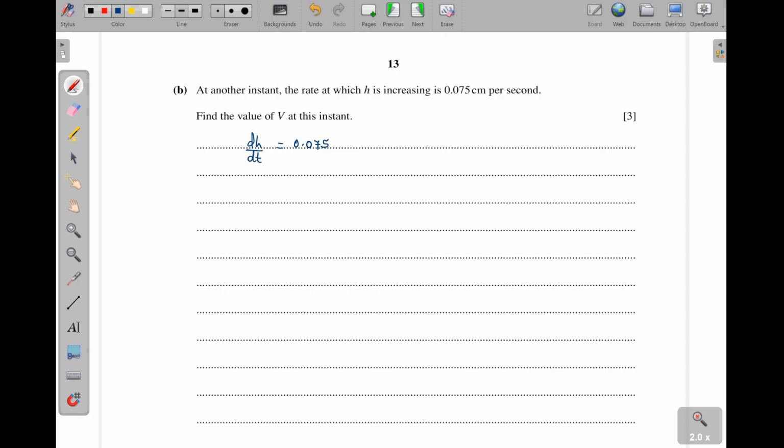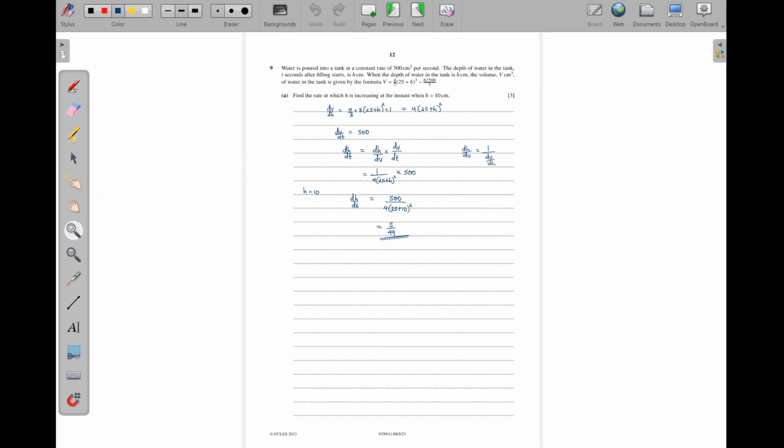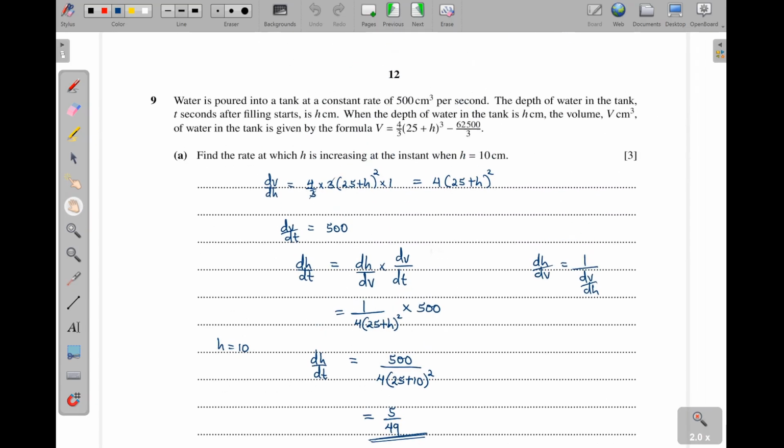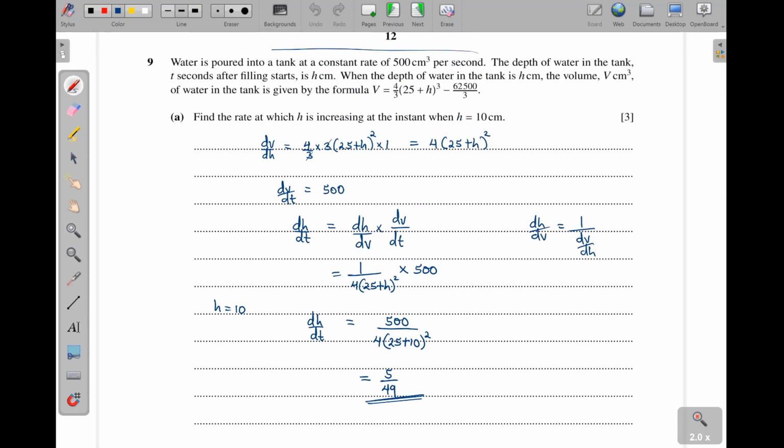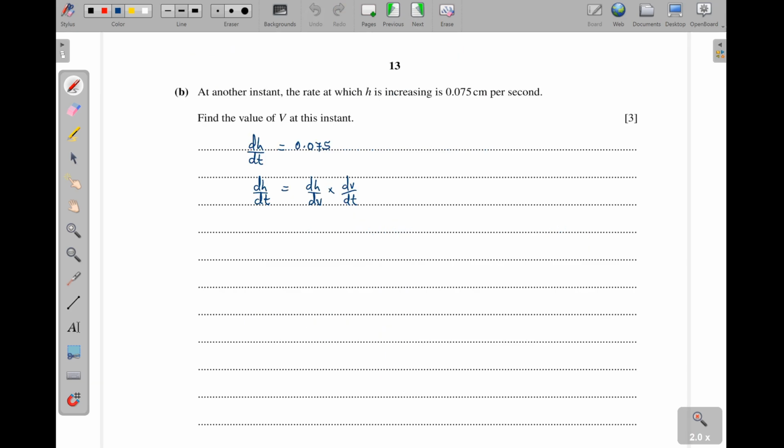But we know that dh/dt is equal to dh/dV times dV/dt. In this question, water is poured into the tank at a constant rate of 500 cubic centimeters per second, so dV/dt is still the same.